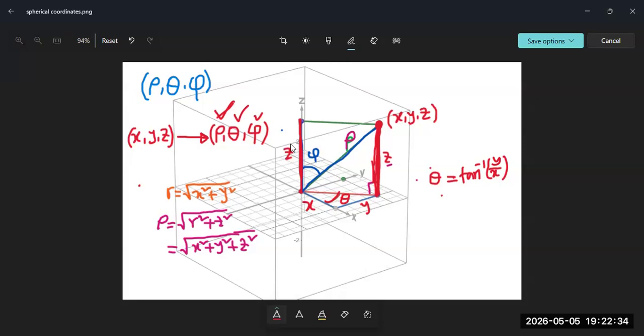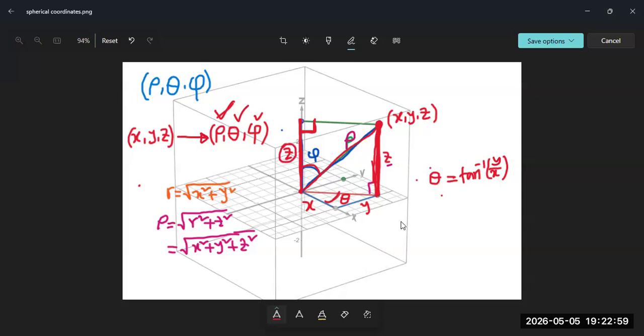So this is another right angle triangle. For this right angle triangle, you want to calculate this phi angle. Sorry, you know the base is z, and the hypotenuse is rho.